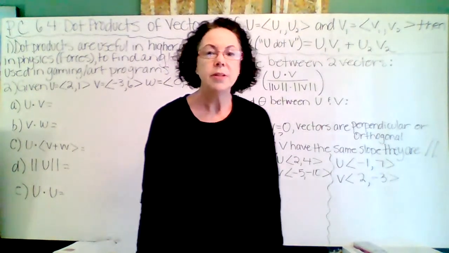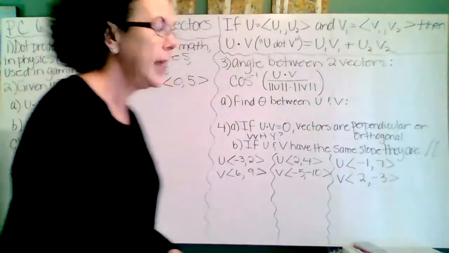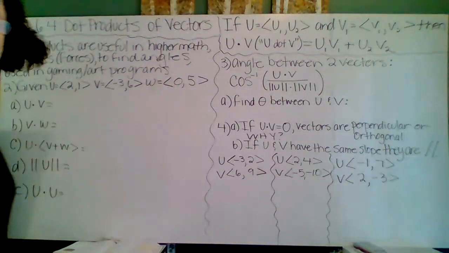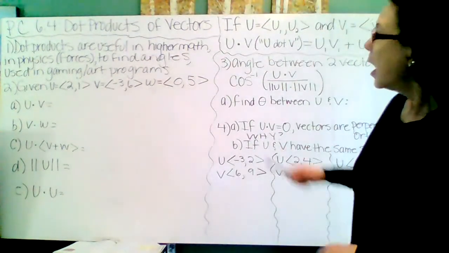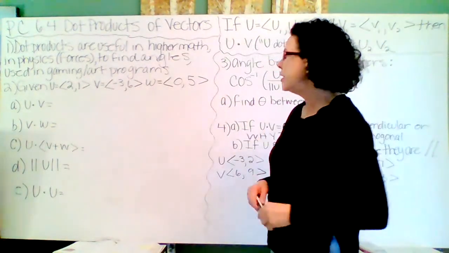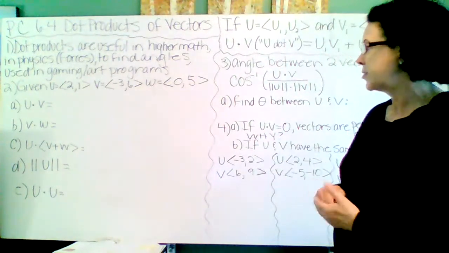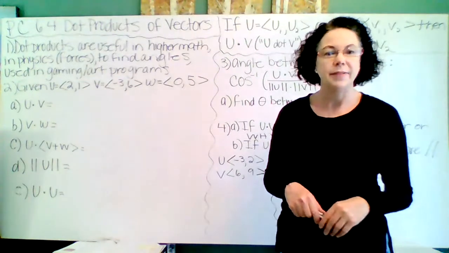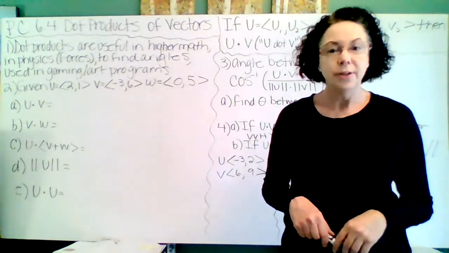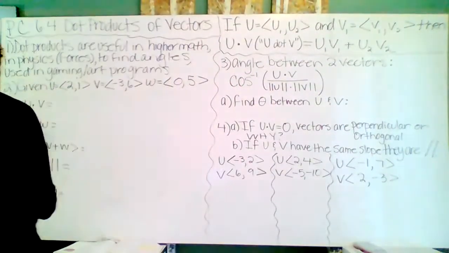So let's give it a try, and you'll find that it's a nice and easy calculation. Number two, let's say you've been given u is the vector 2, 1, v is the vector negative 3, 6, and w is the vector 0, 5. Let's do u dot v. We won't be using w.